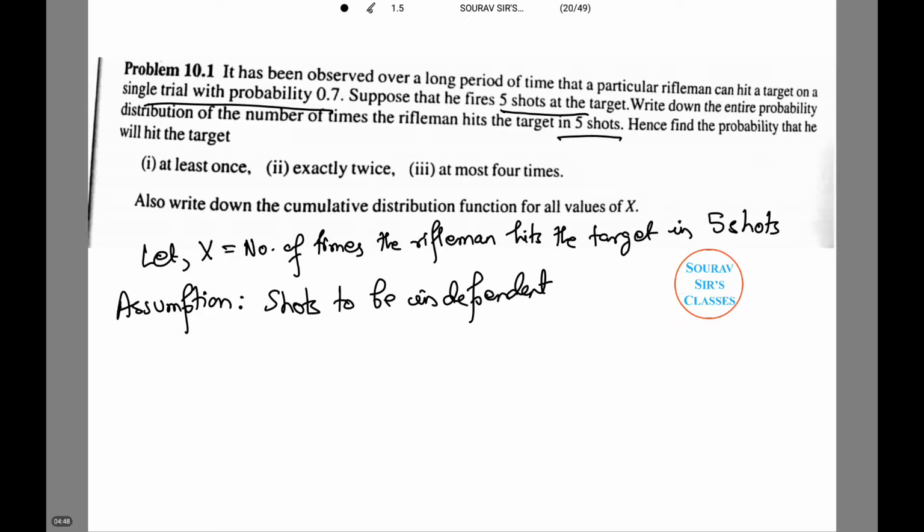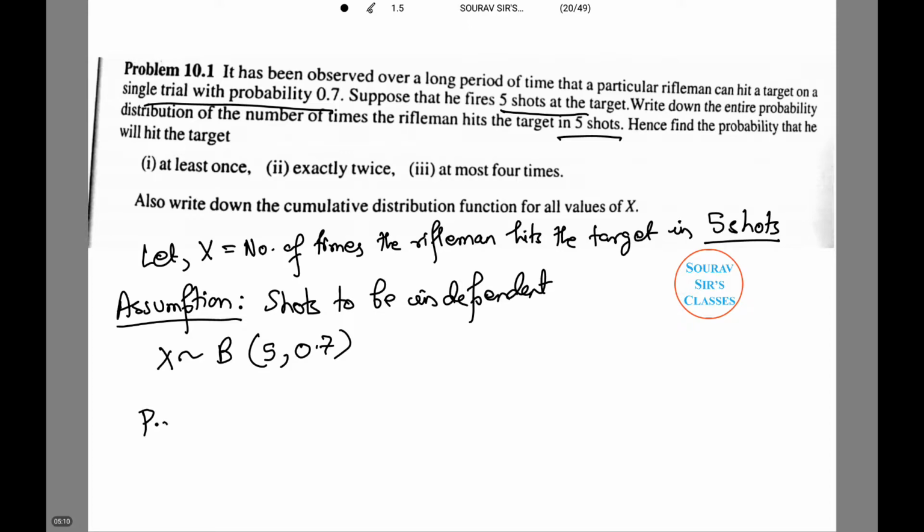We assume that X equals the number of times the rifleman hits the target in 5 shots. Also we assume that the shots are independent of each other. Now X is binomially distributed with n equals 5 and p equals 0.7.